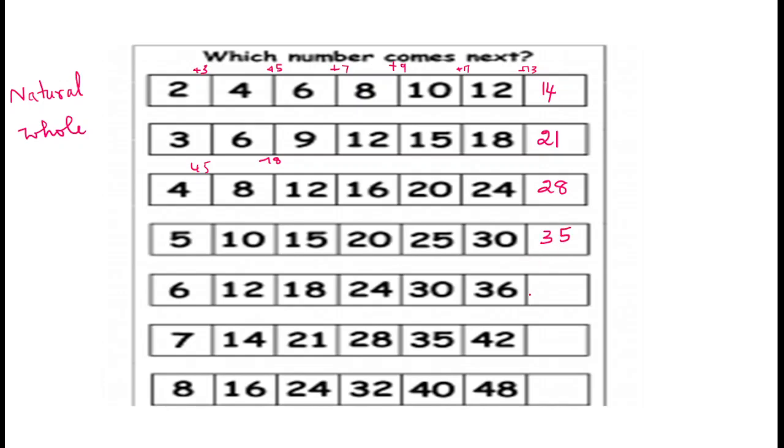Here 6 is added, so after 36 we get 42, isn't it? Here 7 is added. After 42 we know that it is 49, isn't it? Then here 48 is there. Which number comes after 48? So 56 comes, isn't it? So these are about the numbers which come next.